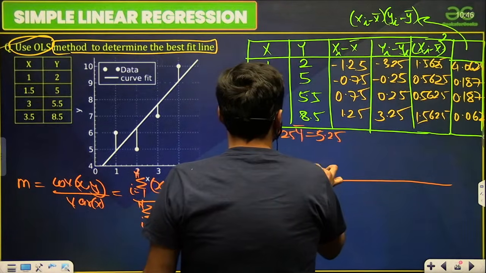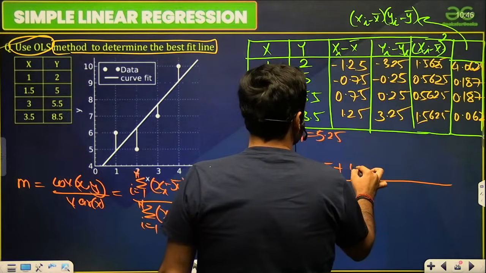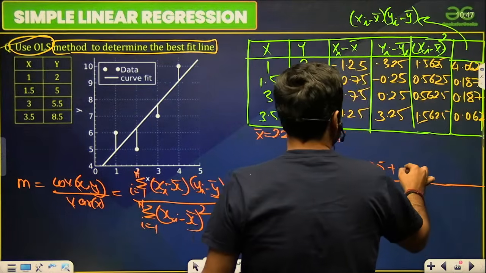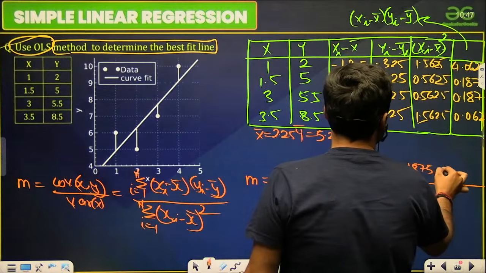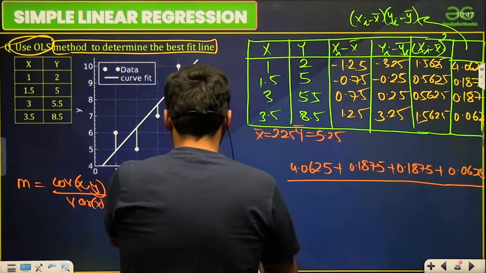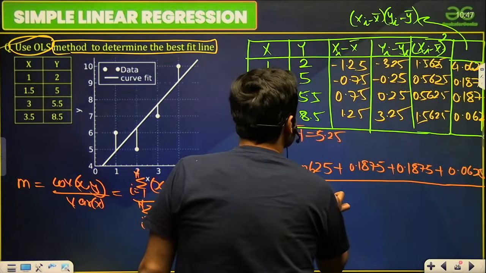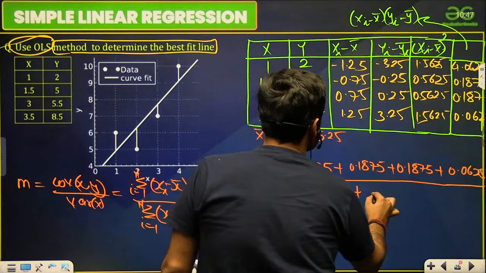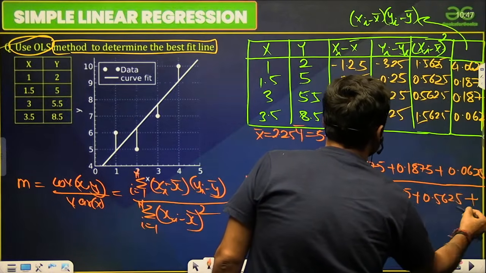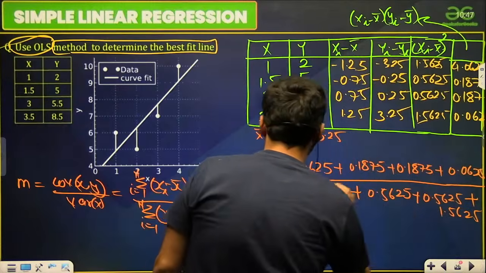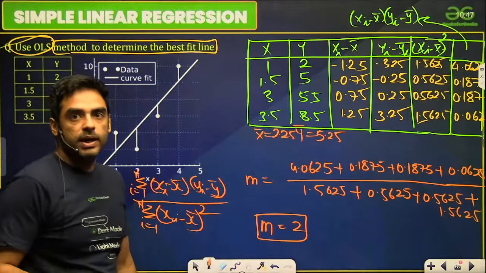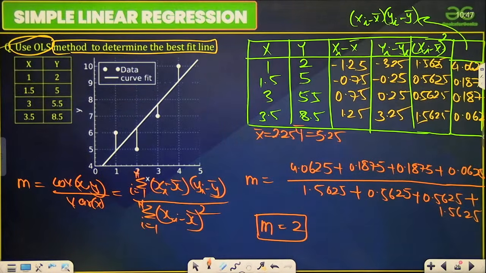So 4.0625 plus 0.1875 plus 0.1875 plus 0.0625 upon xi minus x bar whole square, so that is 1.5625 plus 0.5625 plus 0.5625 plus 1.5625. So the value of m I would be getting would be 2 here. Okay, so m would be 2 here.